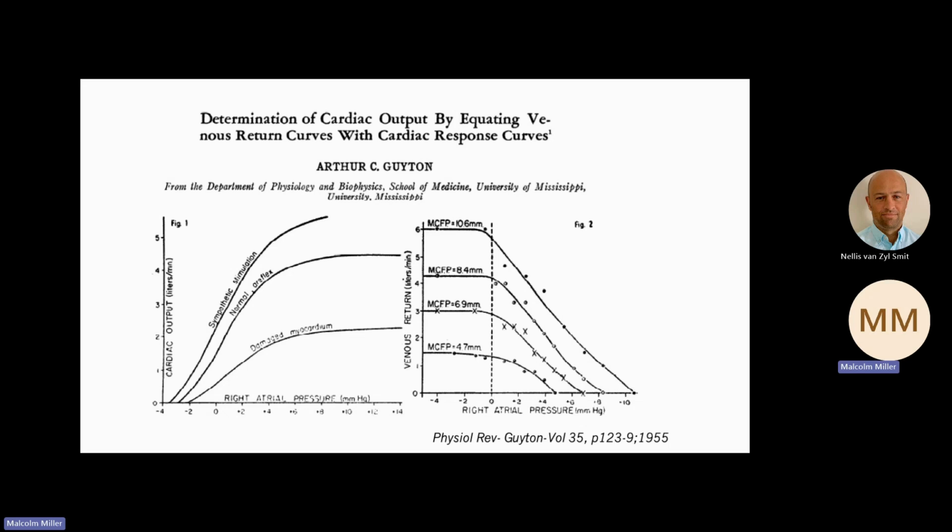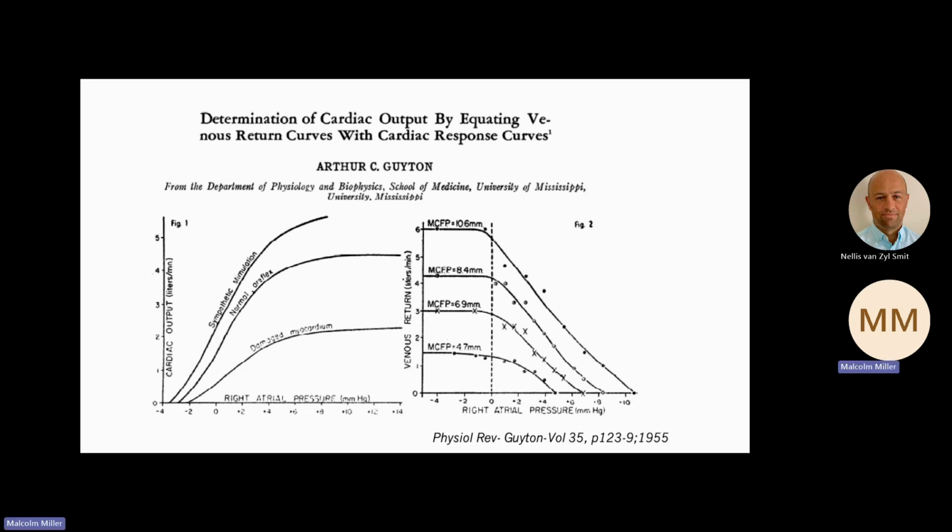Well, when we look at our distribution of blood volume, only about 30% of your blood volume is in your arterial circulation. Most of the blood that we store in our blood vessels is in the venous compartment. So 70% of our blood volume is in the venous compartment.